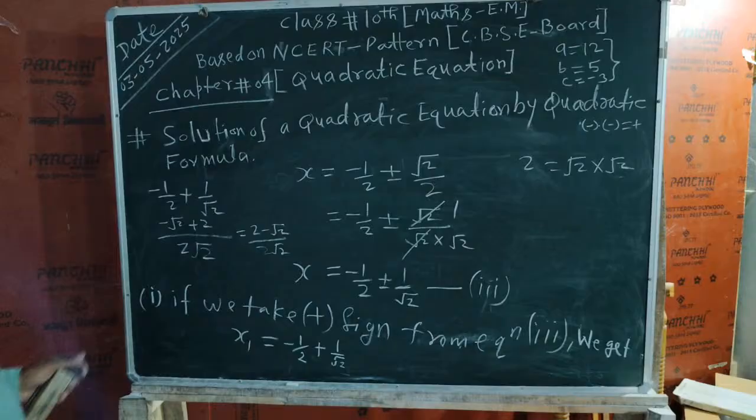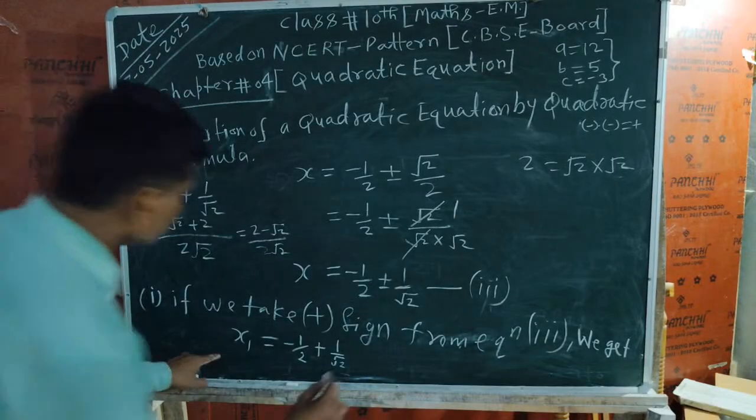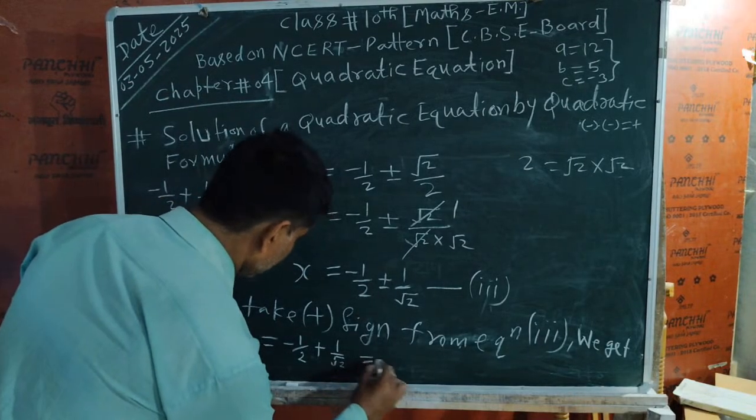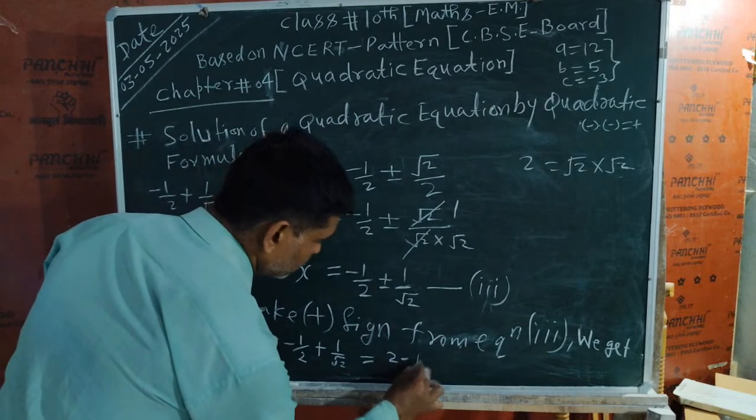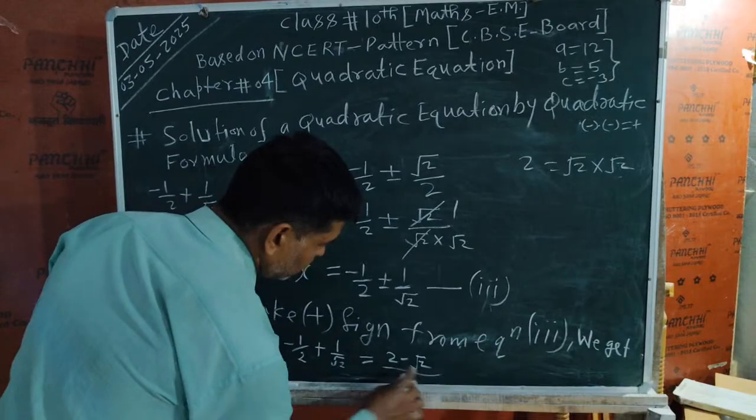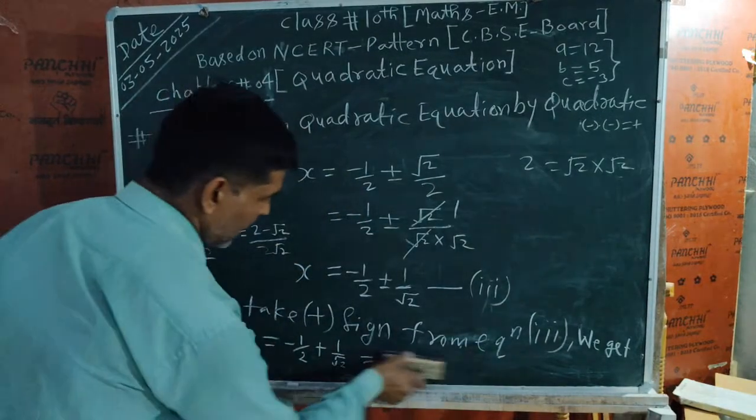Okay, student. So after simplification I can write like this also. 2 minus root 2 divided by 2 root 2.